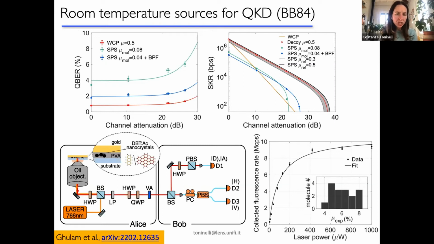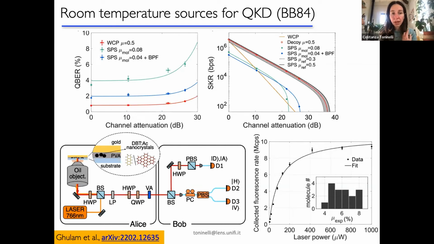At this stage, we have essentially characterized the channels, which means that we have measured the quantum bit error rate, which means essentially the probability of measuring one polarization once you have set the orthogonal one, for instance.